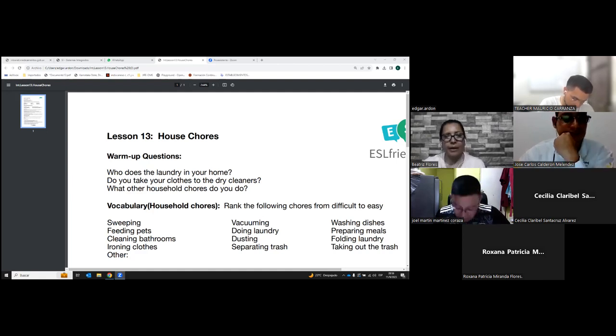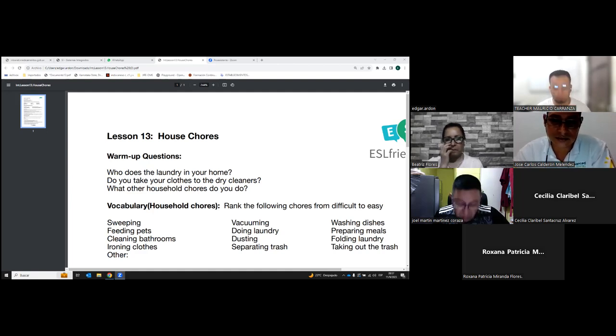For number 3, I like to work in the garden, like cut the... I don't remember. Maybe the word is grass, grama or hierba. Yeah, grass. And cut the other plants.